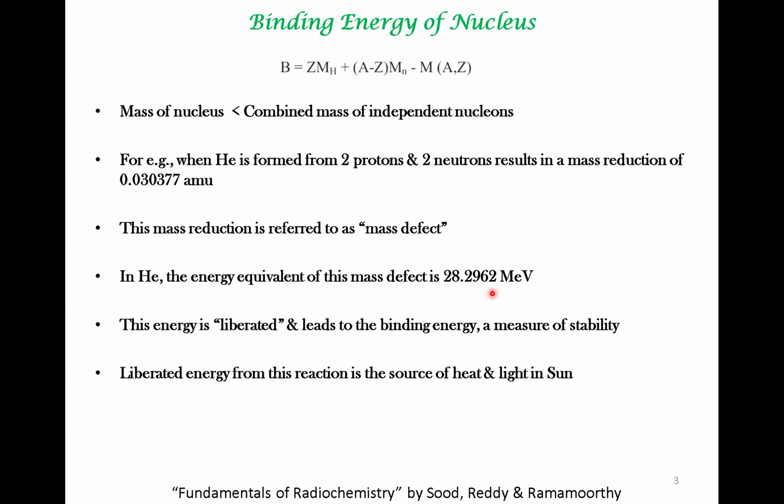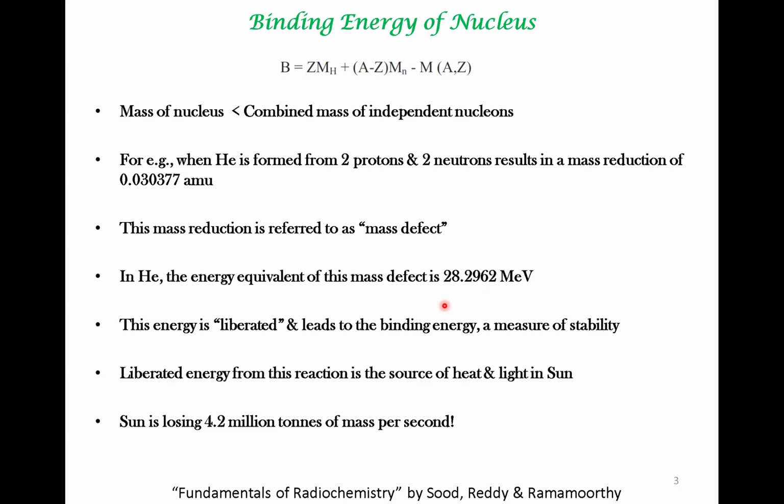So in this case, this liberated energy is a source of heat and light in the sun. This is the reaction that is hypothesized to occur in the sun. There's a lot of experimental evidence for that too. So in a way, the sun is generating a lot of heat and light.